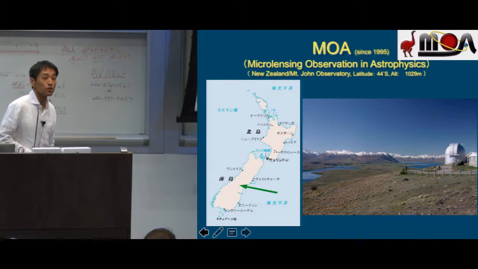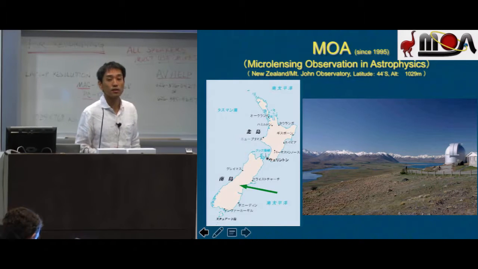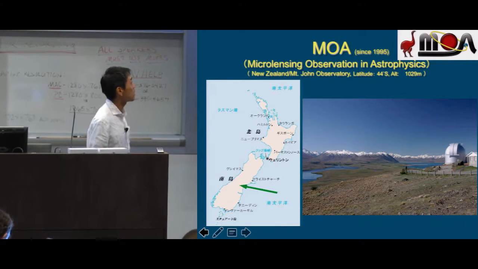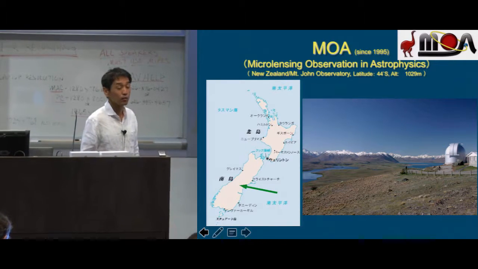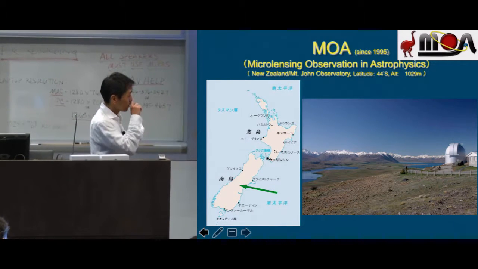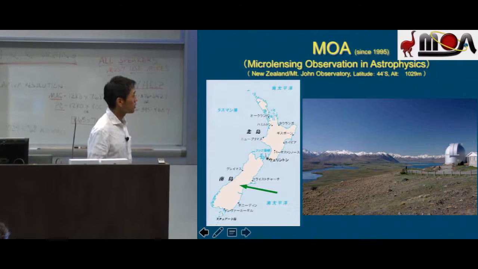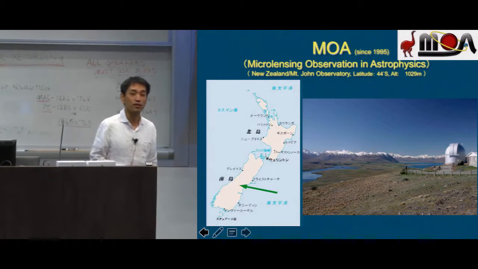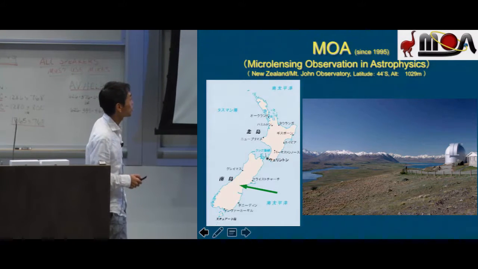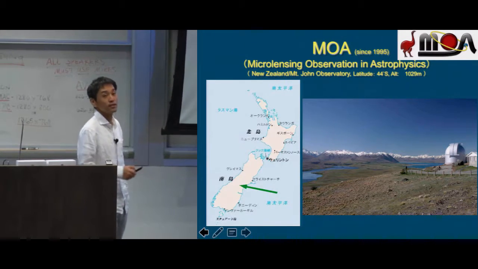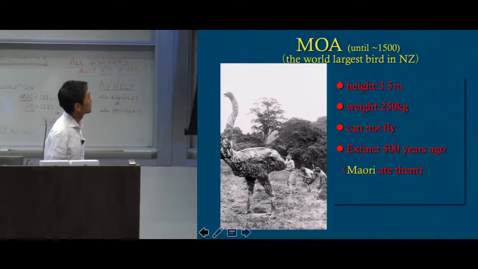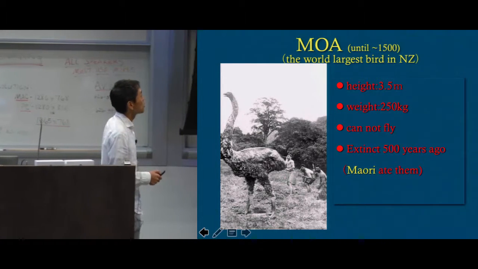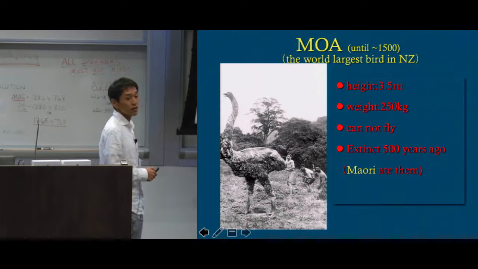MOA is a collaboration between Japan, New Zealand, and the United States. We are observing at the Mount John Observatory on the South Island of New Zealand. As you can see, this is a very nice place to visit, although it is not the best place for astronomical observation because the seeing is not great. MOA is named after the moa, the world's largest bird, which lived in New Zealand.